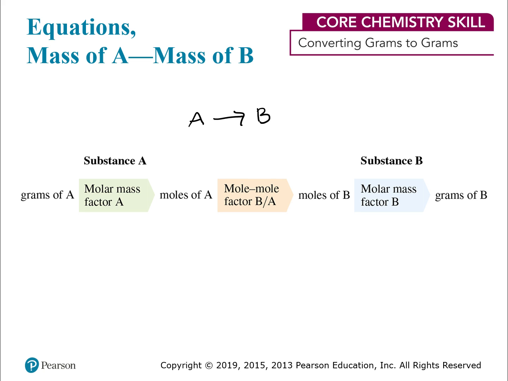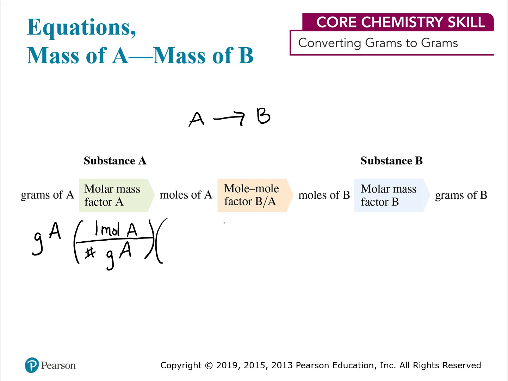You're going to start with the grams of A and multiply it by your molar mass factor for A. That number sign there is where you would put your molar mass.